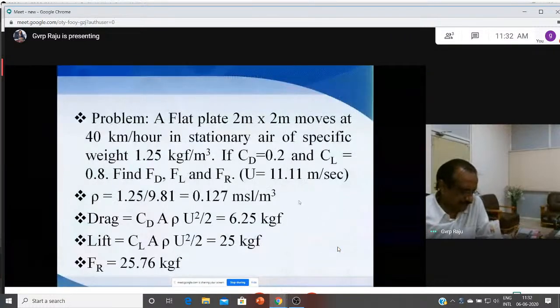Find the drag force, lift force, and also the resultant.